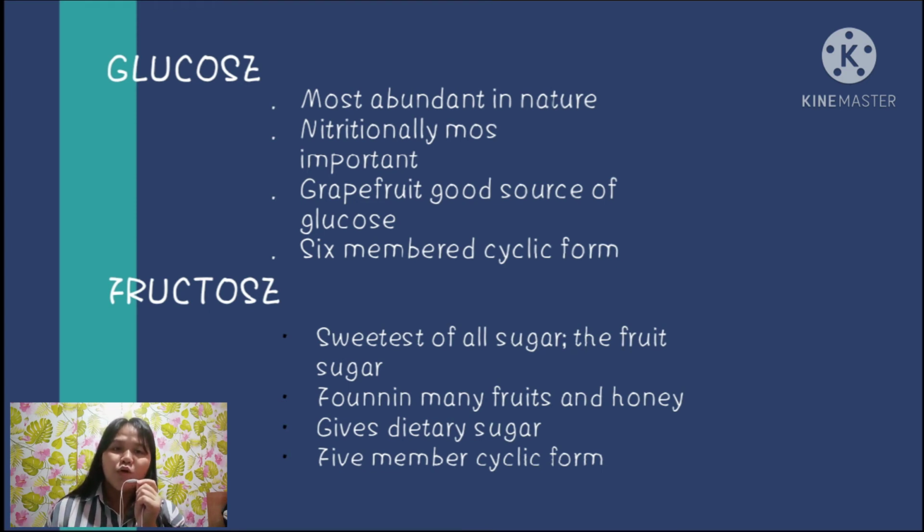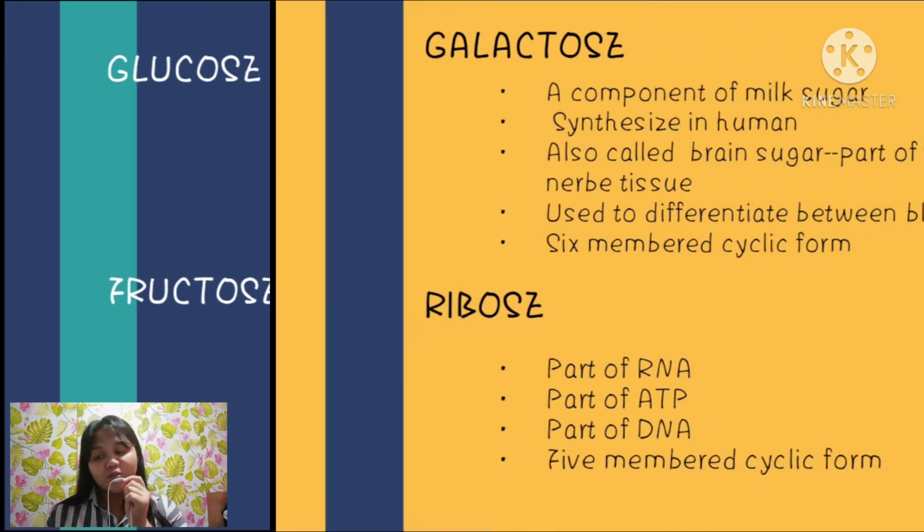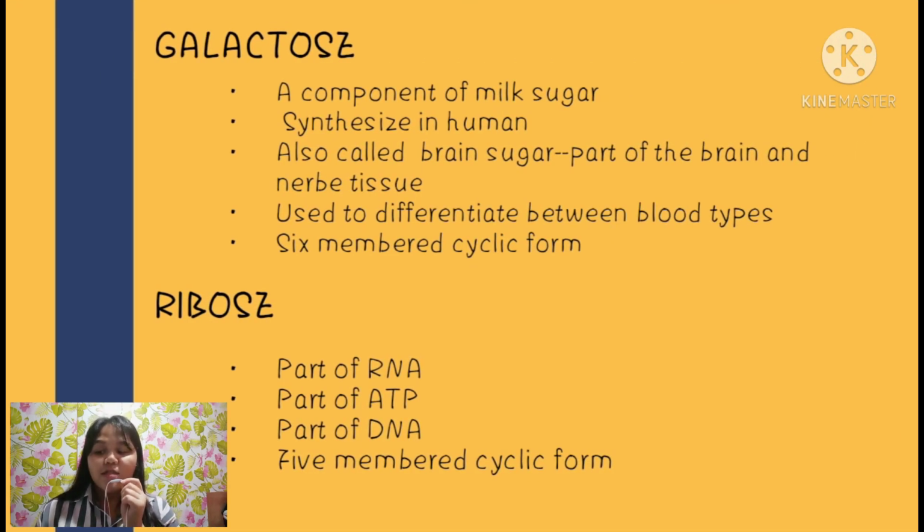After glucose and fructose, we have galactose. Galactose is a component of milk sugar. It is synthesized in humans. It is also called brain sugar since it is part of the brain and nerve tissues. It is also used to differentiate blood types, which is very useful. Like glucose, it is a 6-membered cyclic form.